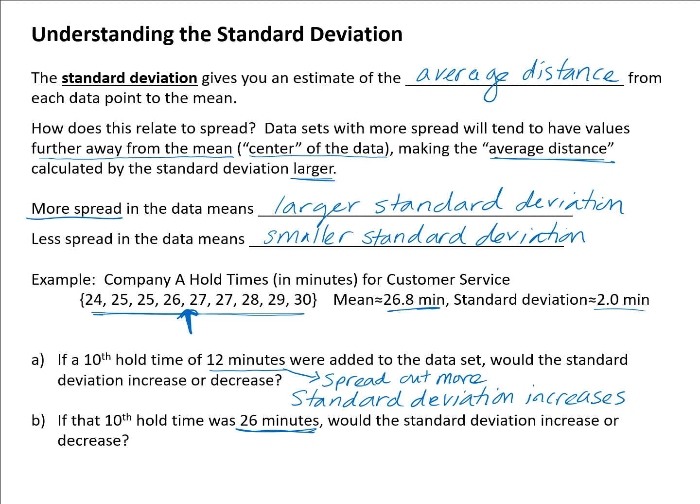Remember, the mean was around 26.8, so it's close to the mean, and it's creating kind of a more packed data set near the center. So that means you have less spread. In other words, more data packed in the center. So because you have less spread, the standard deviation will decrease.